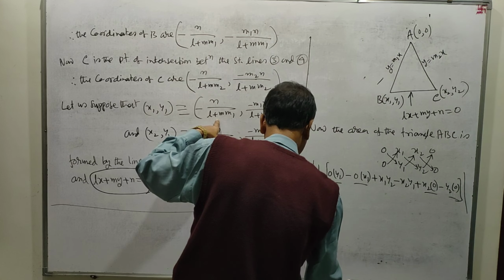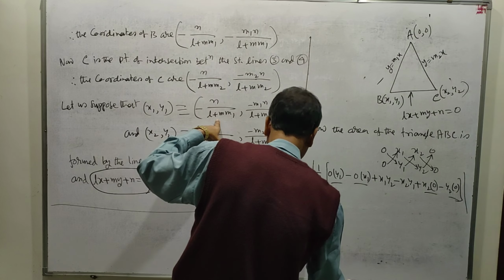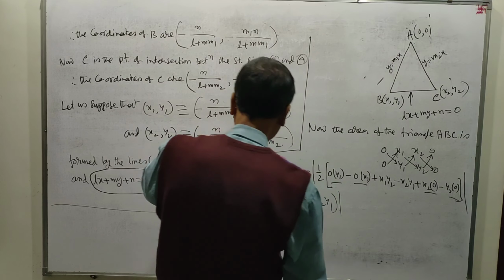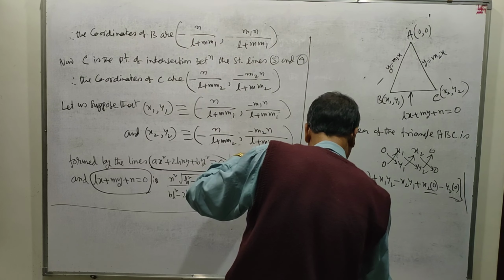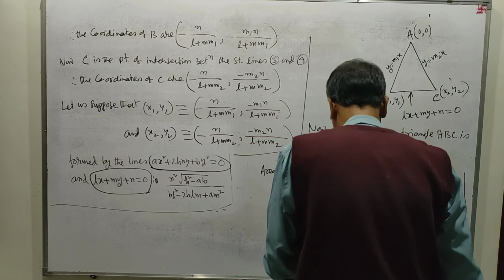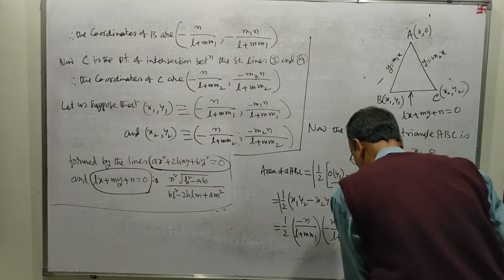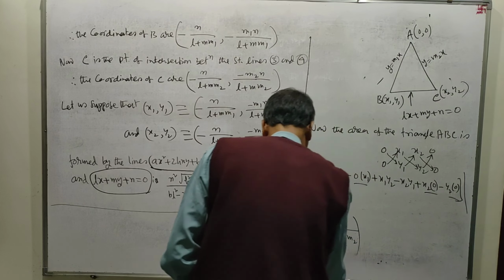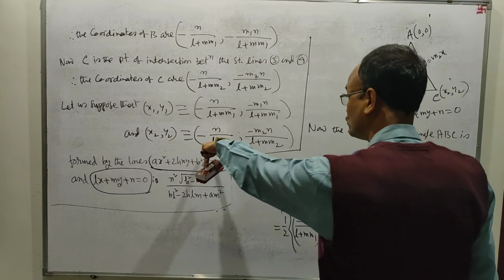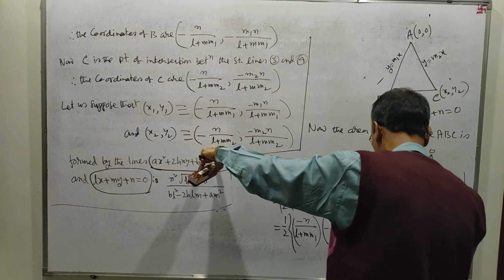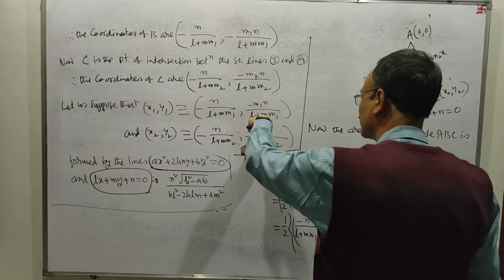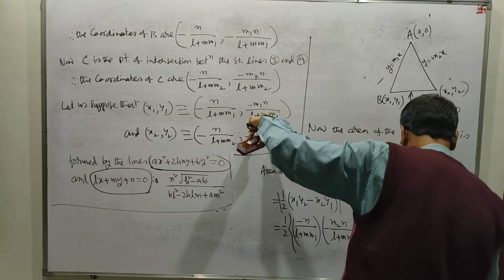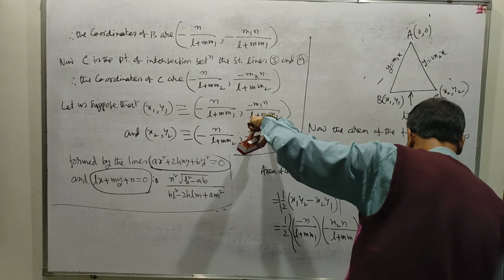Minus n divided by L plus m m1 into y2, which means minus m2 n divided by L plus m m2, and minus x2, which means minus n divided by L plus m m2 into y1, which means minus m1 n divided by L plus m m1.